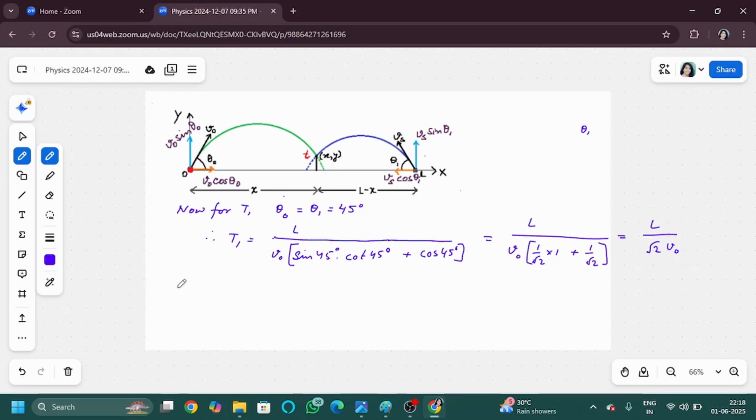For T2, theta 0 is 60 degree and theta 1 is 30 degree. So the value of T2 becomes L by V0 into sine 60 cot 30 plus cos 60.